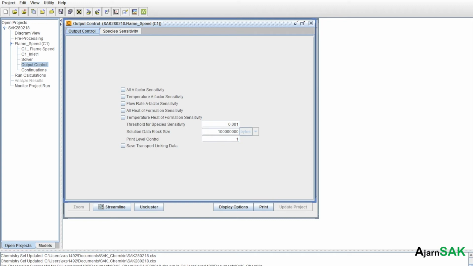There's a T to the power B, times exponential of minus activation energy over RT. This is the form Arrhenius says. Always, in all reaction steps, you can say the reaction constant is in this form. This A is a constant that comes from the experiments.